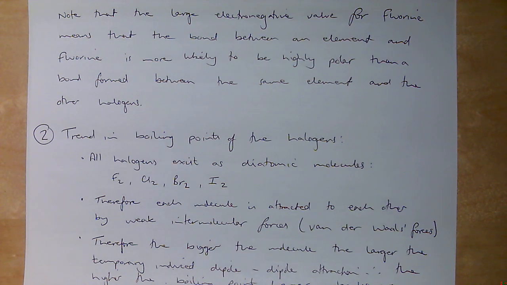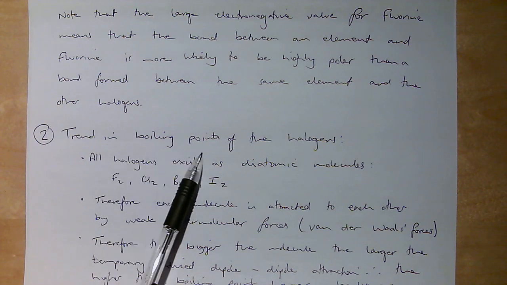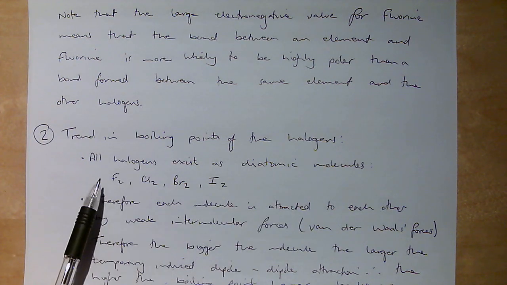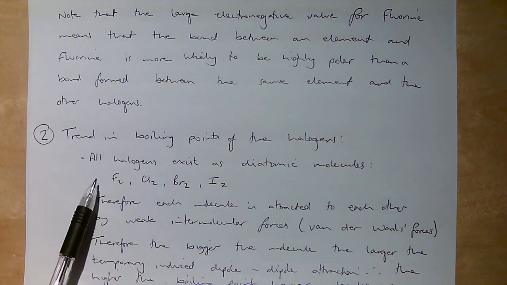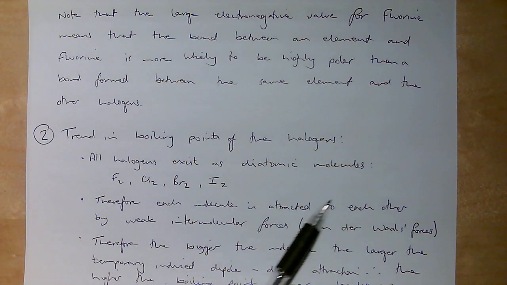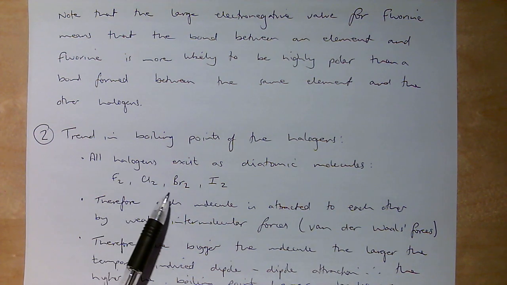The second physical property that we need to look at for the halogens is their trend in boiling point. Firstly we need to remember that all halogens exist as diatomic molecules. So fluorine exists as F2, chlorine as Cl2, bromine as Br2, iodine as I2.